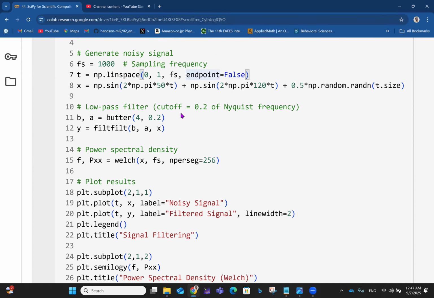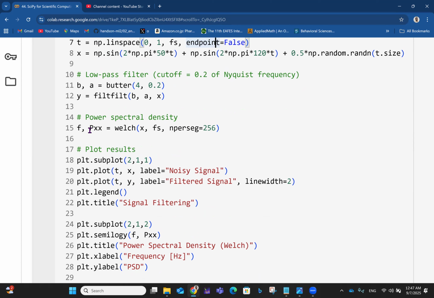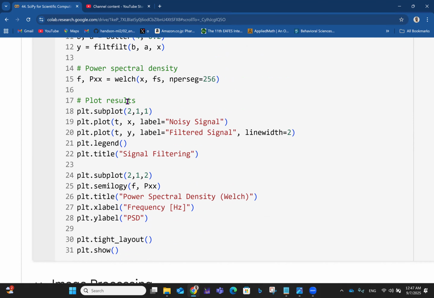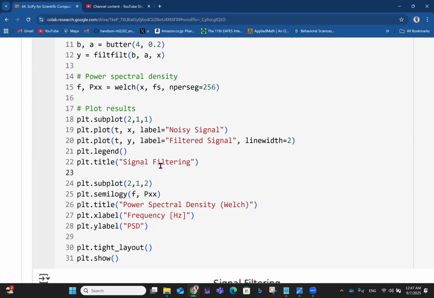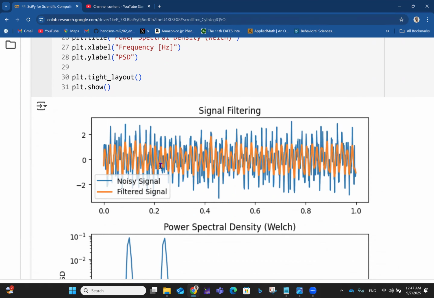Then you have the low pass filter cutoff equals 0.2 of the Nyquist frequency. So you have b, a. So you do all of this, and then you now plot the spectral density. That is shown by this periodogram, right? You have the frequency and the periodogram using that Welch method, and then we plot the results like this. So if you run this now, you will see the signal filtering.